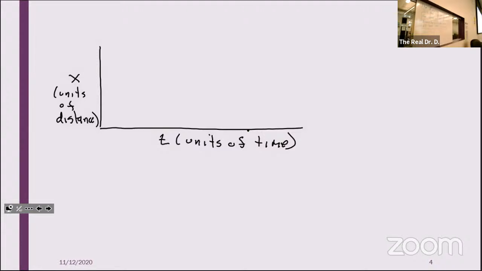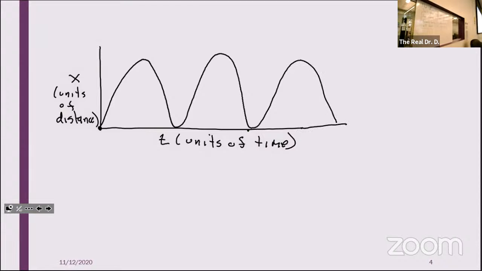So if I start at 0, what's going to happen? Well, over time, I'll hit some point, then I'll come back to 0, then I'll hit some point, I'll come back to 0, forever. Well, that looks an awful lot like a sine wave, with the amplitude of that D.